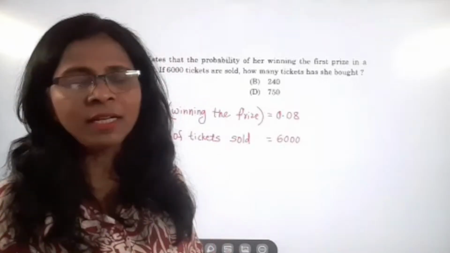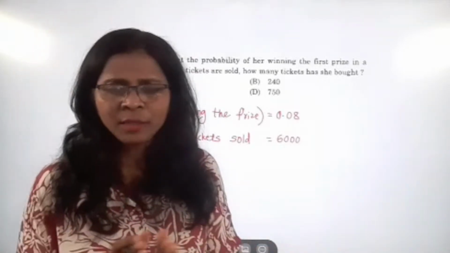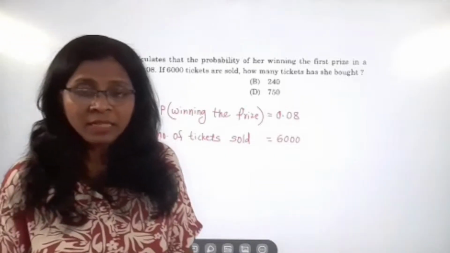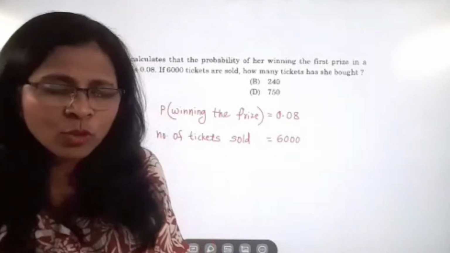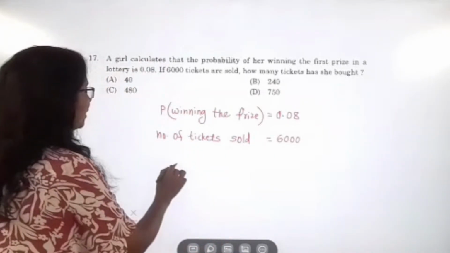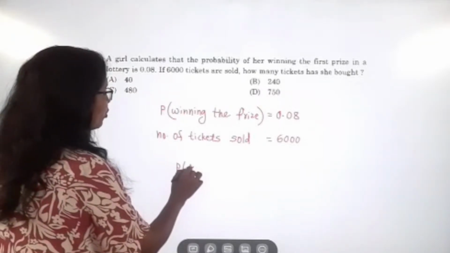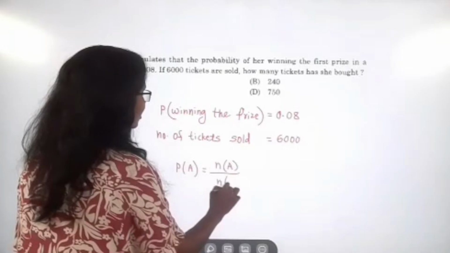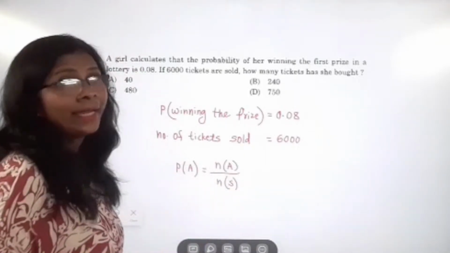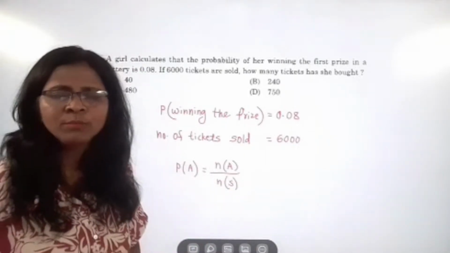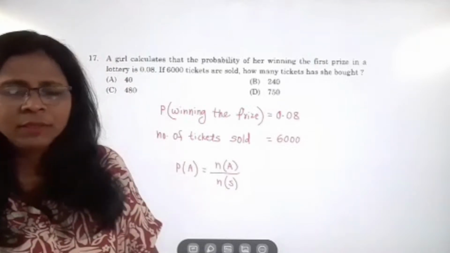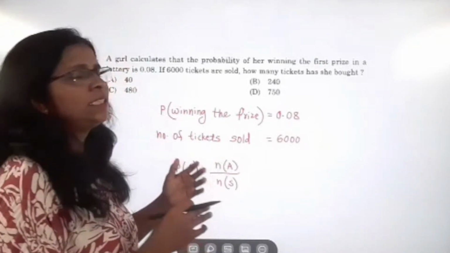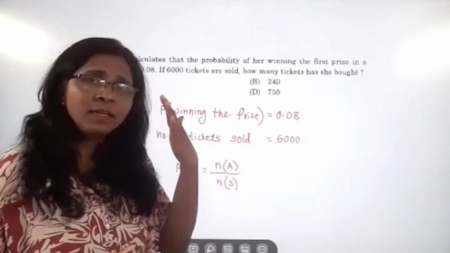So the relation here is that for an event, we can calculate the probability: P of A is equal to n of A upon n of S. Here n of A means the outcomes, that she bought the ticket, and that is the event.